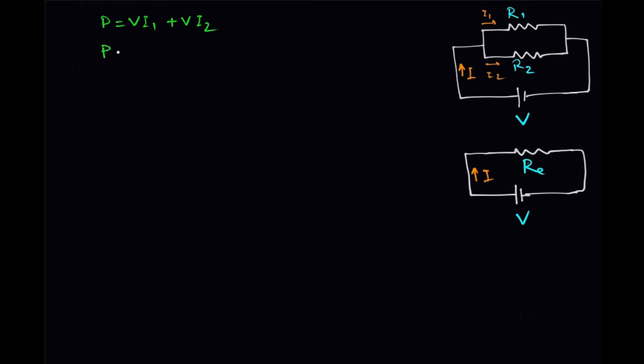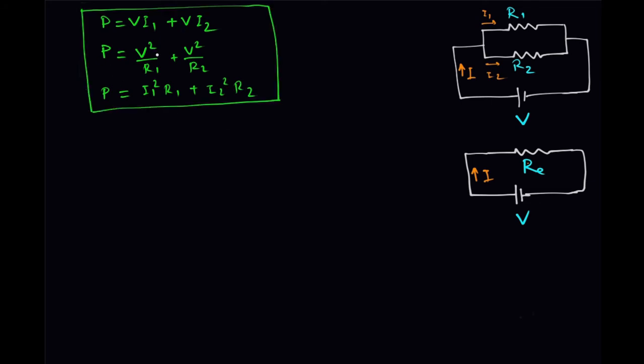This formula can also be written as V square divided by R1 plus V square divided by R2, or P is equal to I1 square R1 plus I2 square R2.